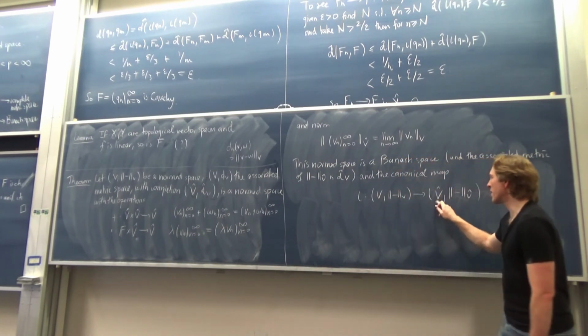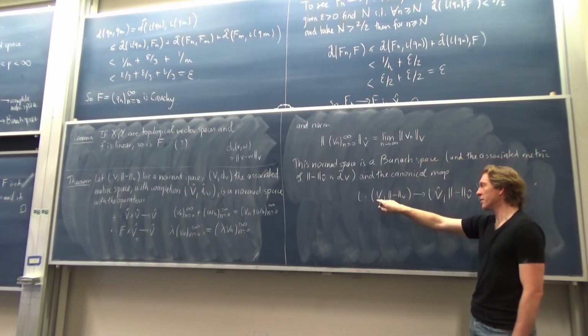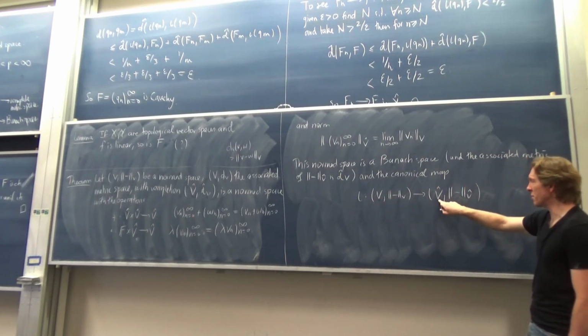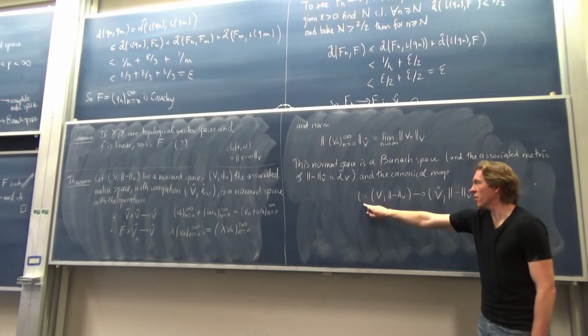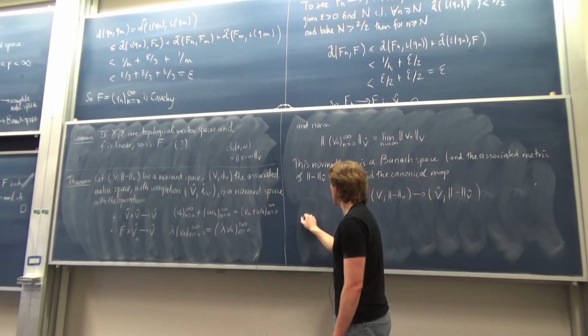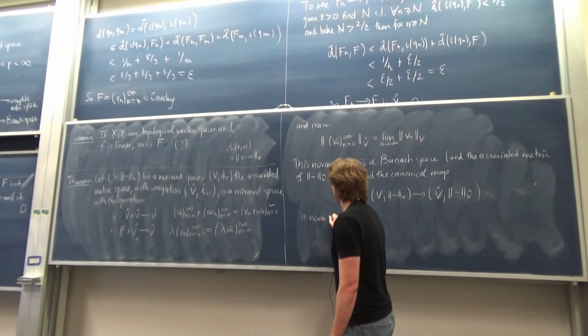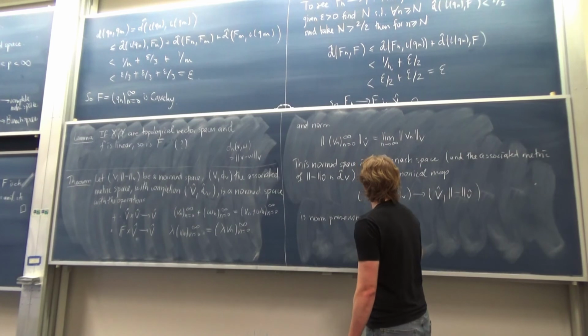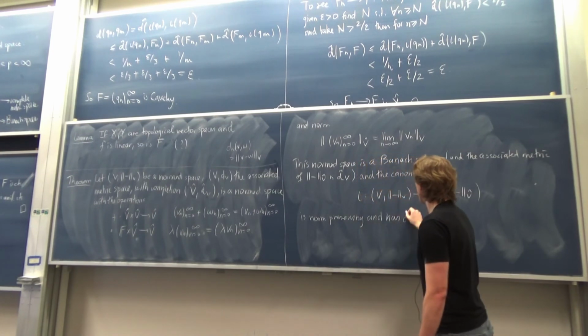Well, as a set, this is just the old construction, right? This is the underlying set of a metric space. This is the completion, so this is Cauchy sequences. So this is the iota we just discussed in the metric space case. And the canonical map is norm preserving and has dense image.